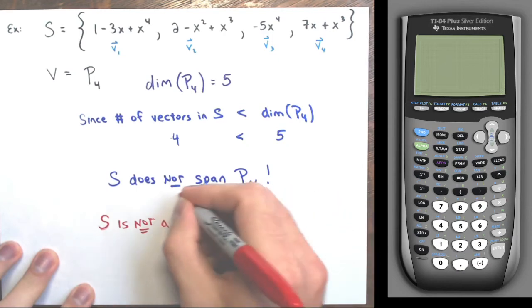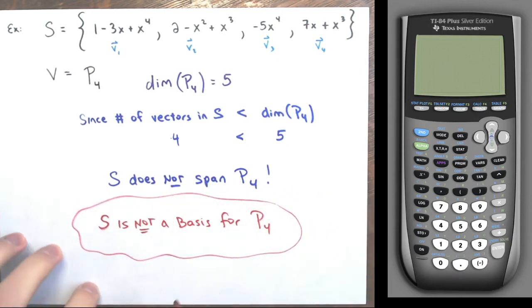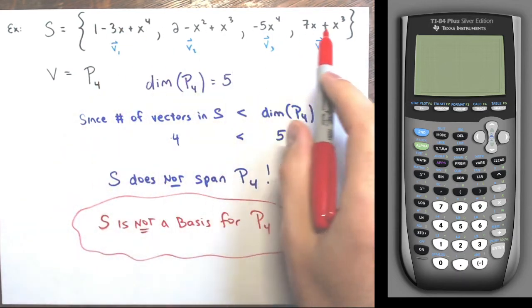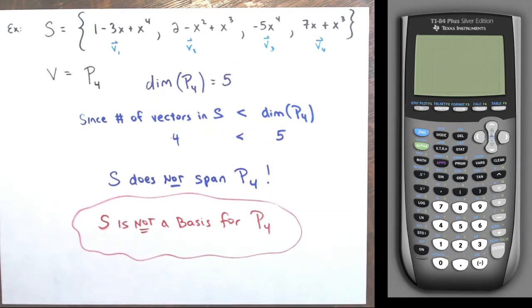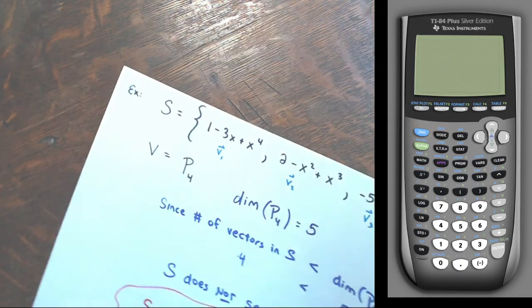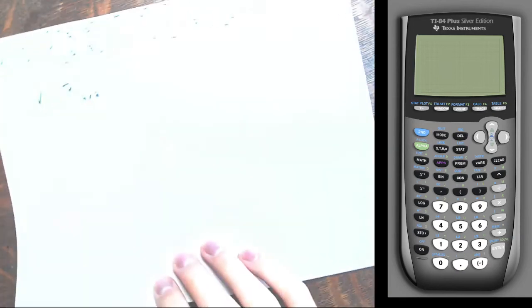There are polynomials in P4 that cannot be written as a linear combination of those 4. Okay, great. Moving on. Those were all examples involving those sets of polynomials. Now let's get to some matrix examples.